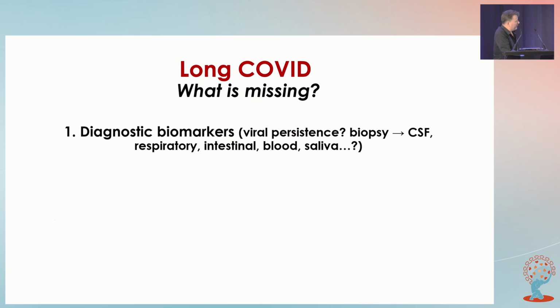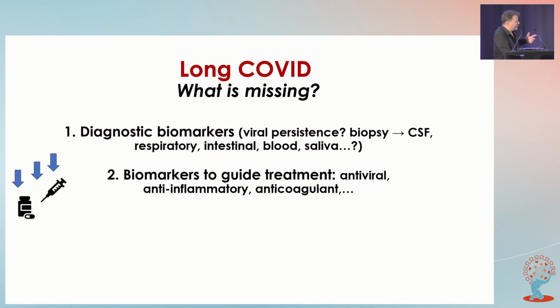So going to the biomarkers, and again, hitchhiking on what Roger said and what Mike has so nicely proposed, there are several flavors of biomarkers. There are diagnostic ones, the ones we're all about, maybe looking at persistence, depending on where we biopsy. We opt for the blood, but of course, there are pros and cons to all of them. We need these biomarkers to guide treatment, whether that's antiviral, anti-inflammatory, anticoagulant.